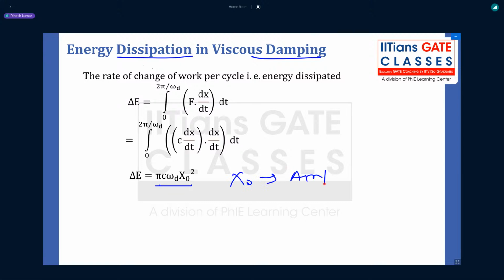It is the initial amplitude of the vibration. What is omega d here? It's the damped natural frequency. And what is c? It is the damping coefficient.